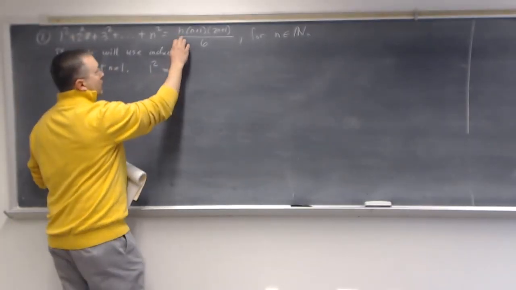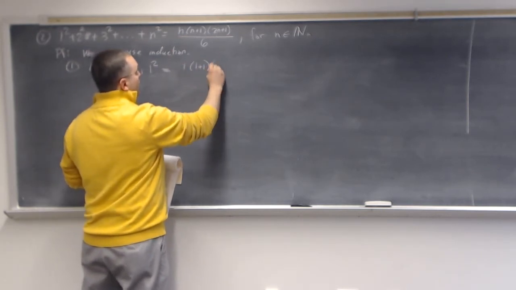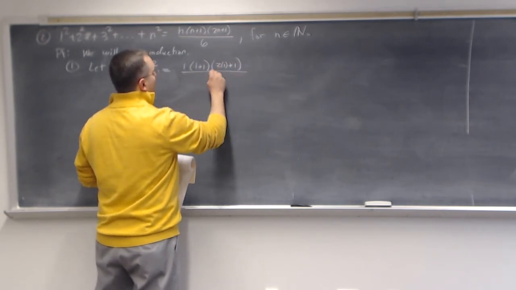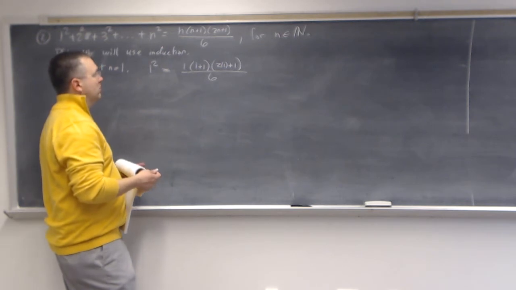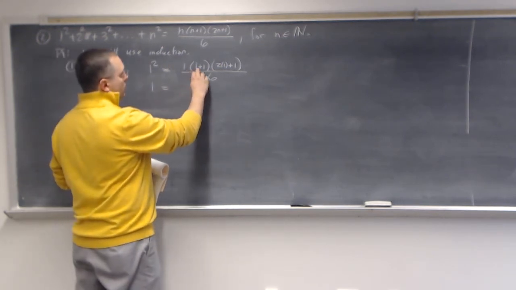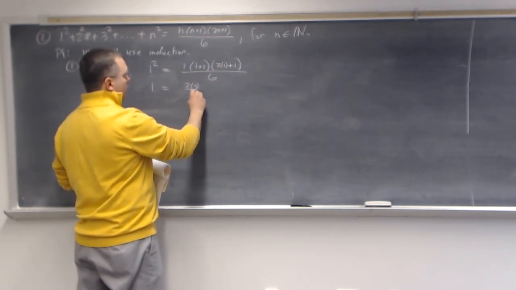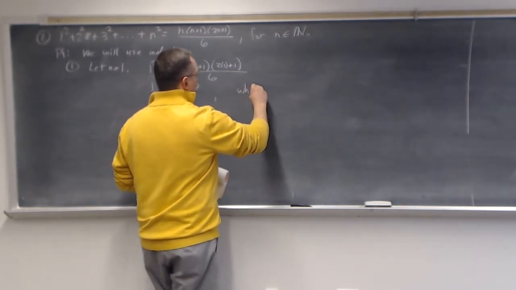On the right side, it would be 1 times 1 plus 1 times 2 times 1 plus 1, all over 6. Is that true? Yes. We get 1 on the left-hand side, and here you get 2 times 3, so 6 over 6, which is true.